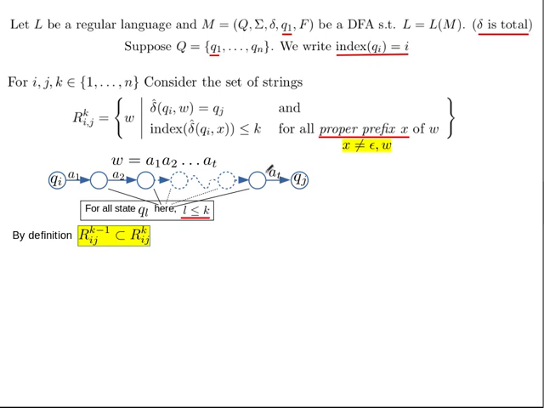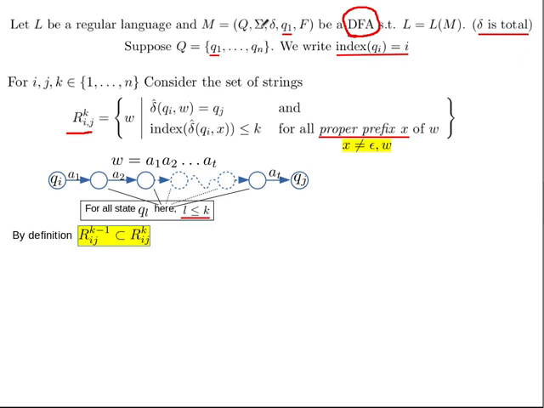So first of all, we will define this set for any given automaton. Consider a DFA. It is important that this is a DFA.